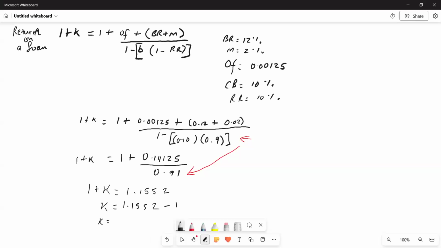Okay. So your K, or your required return, is 0.1552, or K is equal to 15.52%.